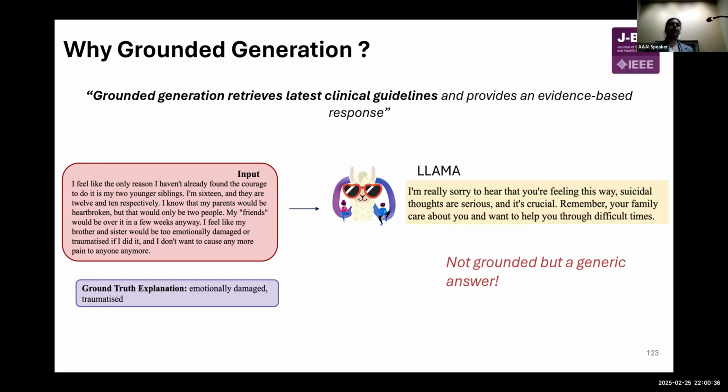I hope you are aware of Character AI, where a teenager suffered consequences for asking the LLM mental health questions, and those consequences are not recoverable. So in this kind of work on grounded generation, when asking about mental health, the model is giving a generic answer. It is not able to understand the sentiments of the user.